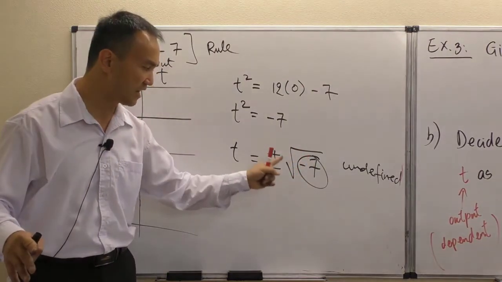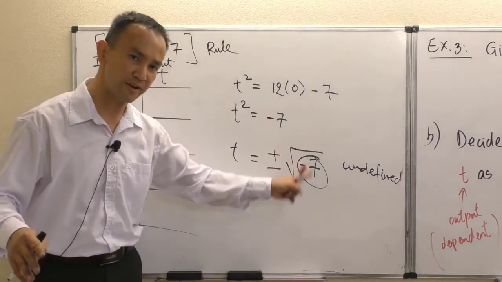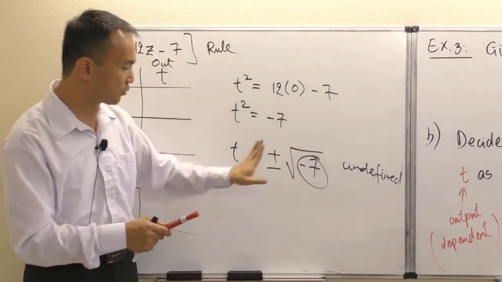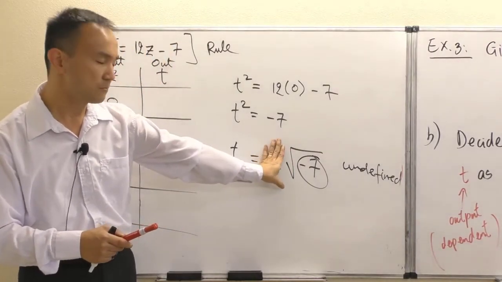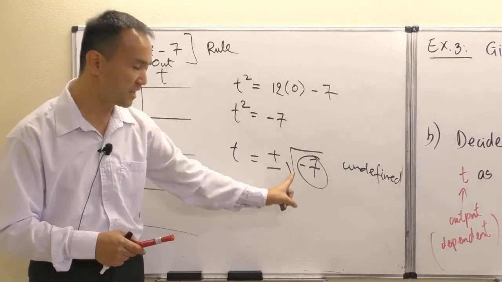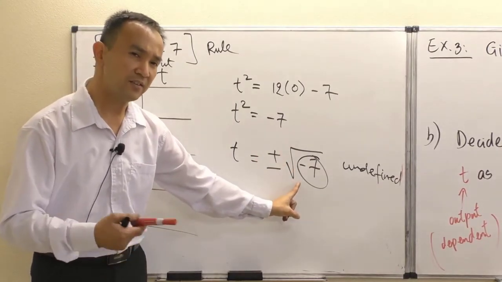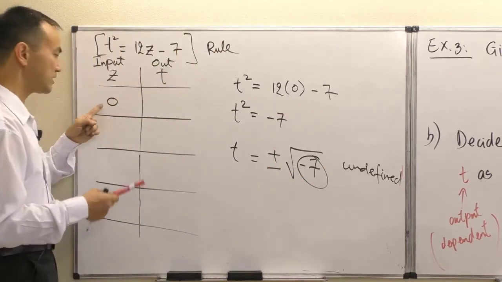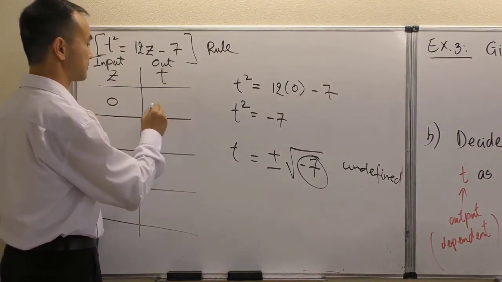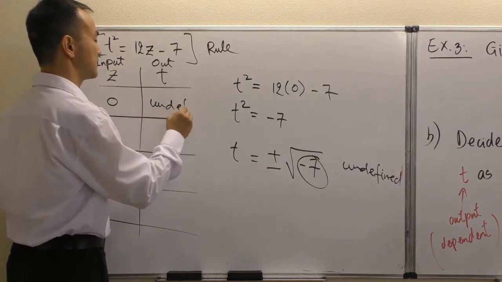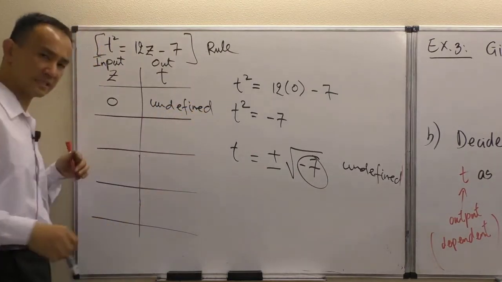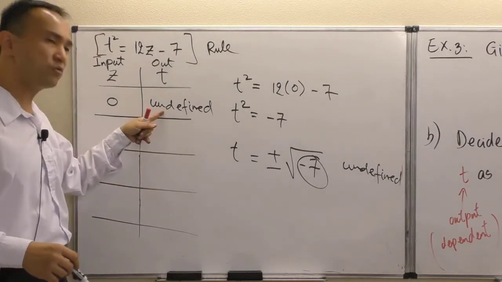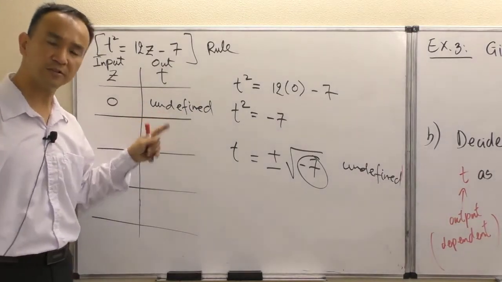So we can't even have plus and minus square root of -7, because we can't even take the square root of a negative number. So here, giving an input 0, we have an undefined. Okay, then let's leave it there, but let's choose other values. We just know that we won't have a corresponding output for this.